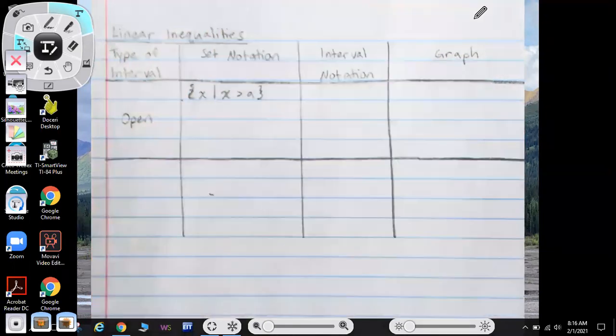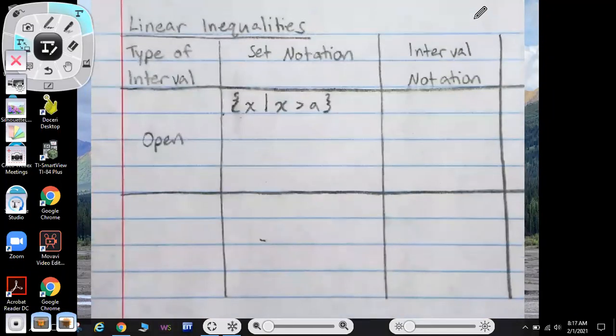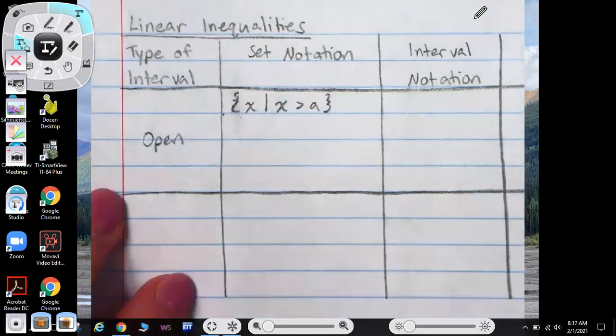I'll zoom in some. Squiggly bracket, x, and then a vertical line, x is greater than a, close the squiggly brackets. We'll talk about what those symbols mean in a second.